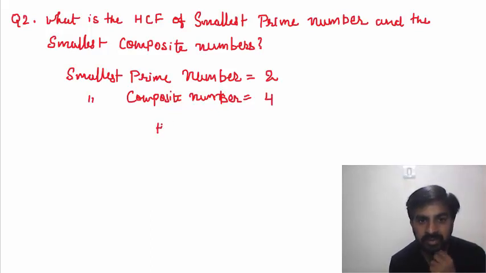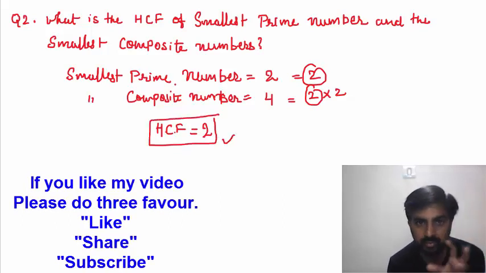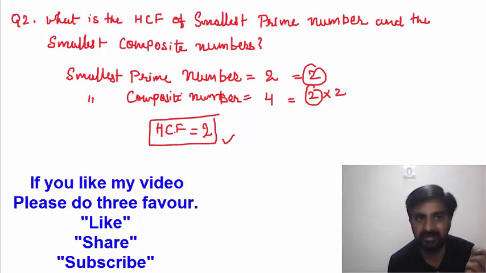Now they told you to find the HCF. The factors of 2 is 2 only, and the factors of 4 is 2 into 2. So the highest common factor between these two is 2. So your HCF is 2. This was one of the easiest ones, but students write 1 here and 2 here and make simple mistakes. Now moving towards question number 3.